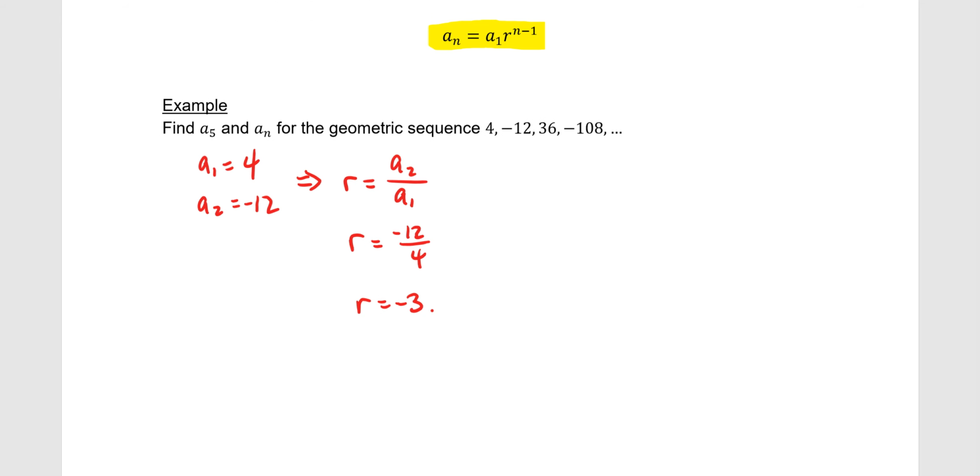Let's go ahead and find a sub n and a sub 5. a sub n we know is a sub 1 times r to the n minus 1. Let's plug a sub 1 and r in. a sub n is going to be 4 times negative 3 to the n minus 1.